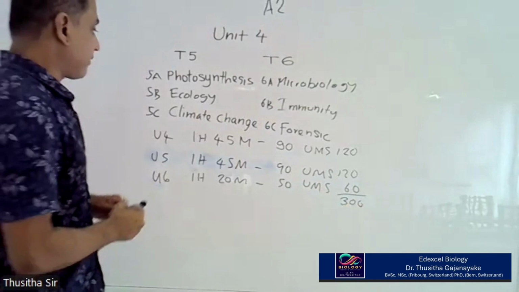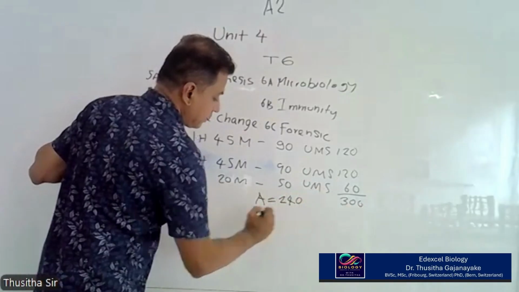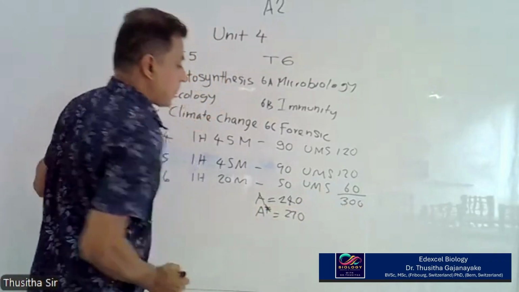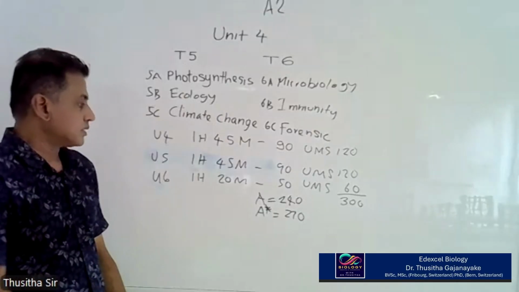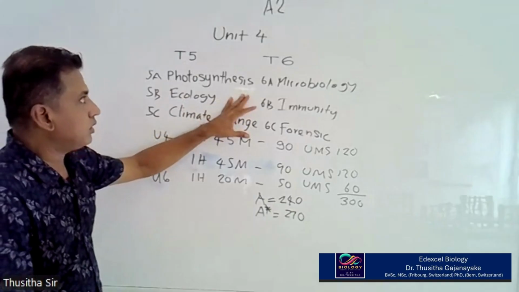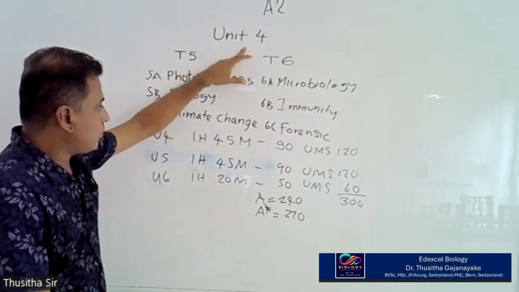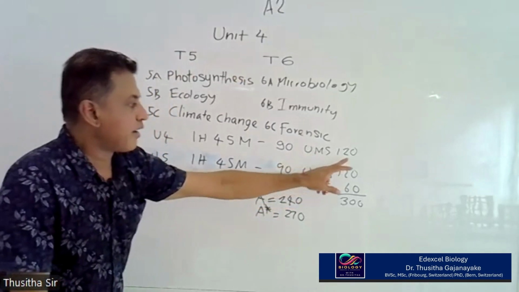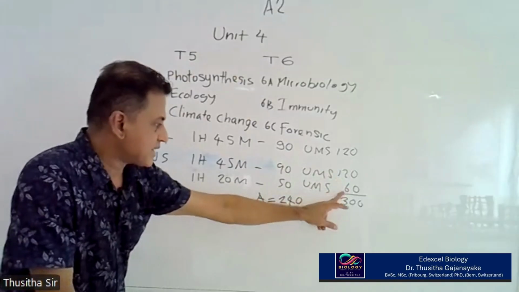From this total 300, to get an A, you need to get 240, and to get an A star, you need to get 270. So this is the overall lesson plan, and the evaluation is 90 raw marks, 120 UMS, 90 raw marks, 120 UMS, and 50 and 60.